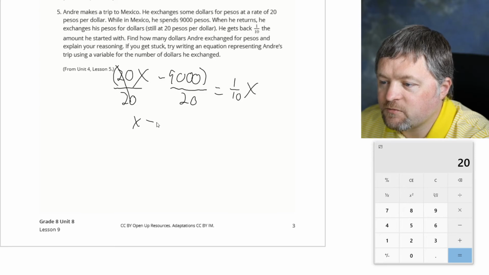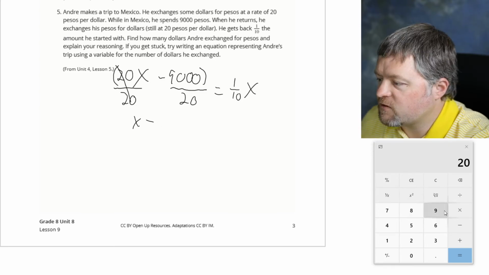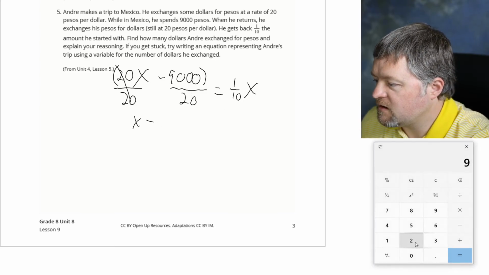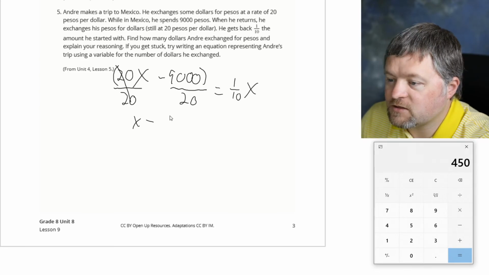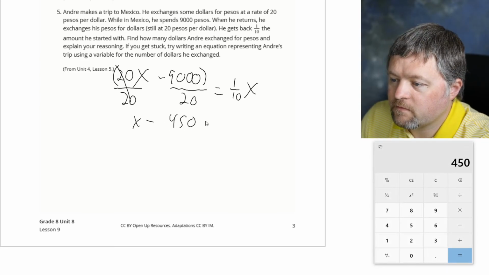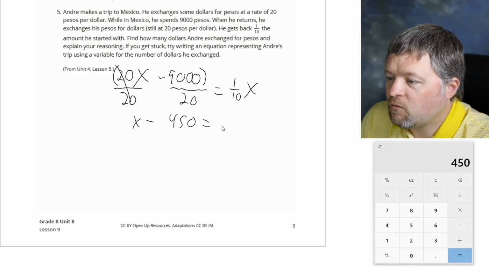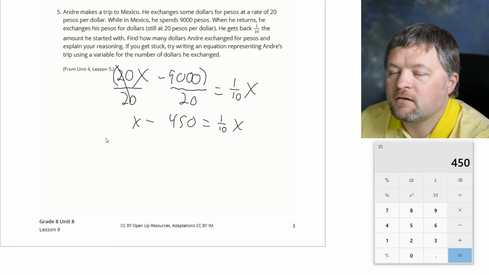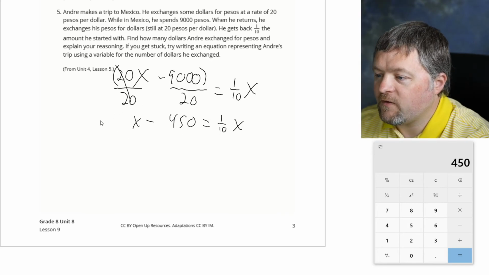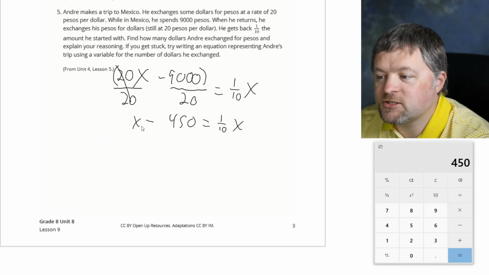So x subtract 9,000 over 20. What is 9,000 over 20? Ooh, that's 450. Equals 1/10 x.